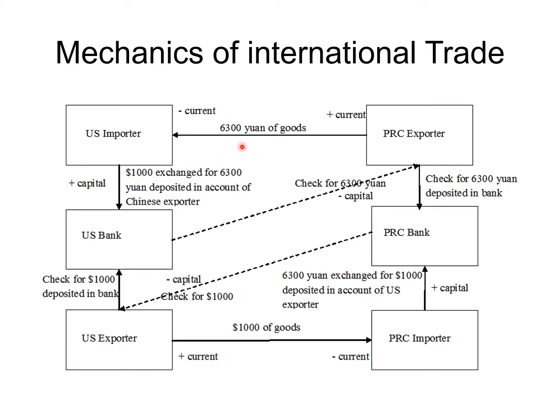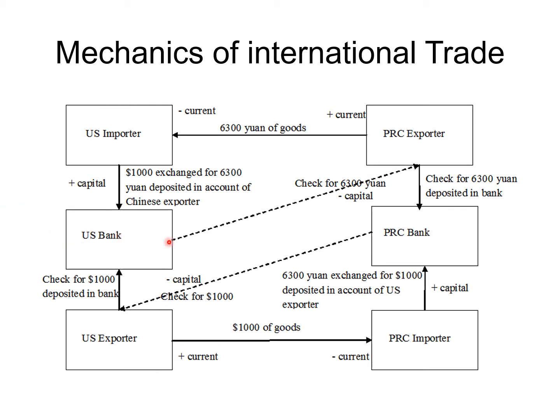Okay, so for those 6,300 yuan worth of goods, the U.S. importer goes to the bank and deposits $1,000. The bank sends the Chinese exporter a check for 6,300 yuan. But as happened in our discussion of how banking works from the preceding lecture, that bank now has $1,000 more in reserves, which they can lend out to whomever they like.